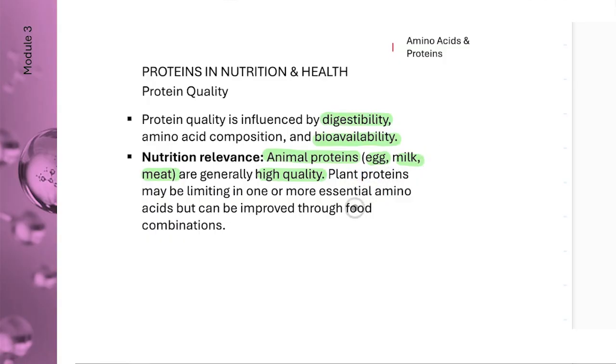We call them limiting because they lack one or more essential amino acids, and that's the reason why sometimes we combine different foods, especially plant-based foods, in our diet, so that where one amino acid is limiting, the other one can compensate, so that we can have a complete protein diet.